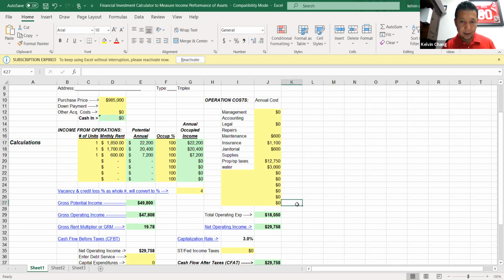Okay. The expenses. All right, my notes are all over the place. That's why. Okay, the expenses. The property tax of the area. Let me zero everything out.